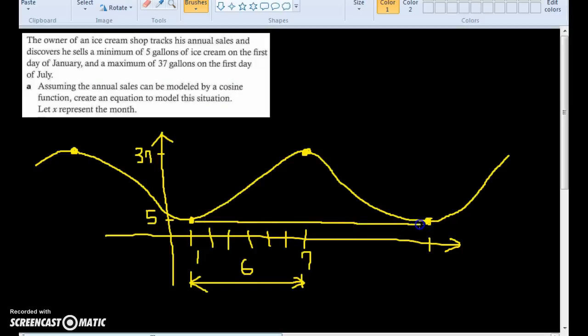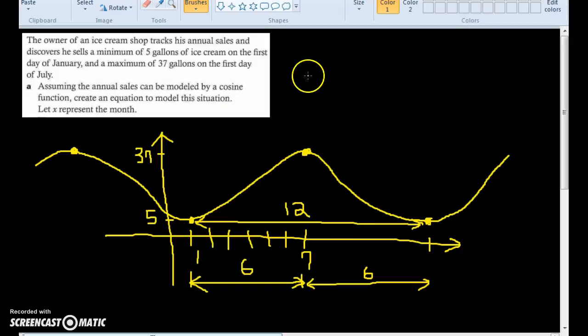From my minimum to the next minimum, that is my period. So from my minimum to my maximum is half the period, which is 6, which means I will have to travel another 6 to get to my next minimum, a total of 12. I hope that makes sense to you guys.